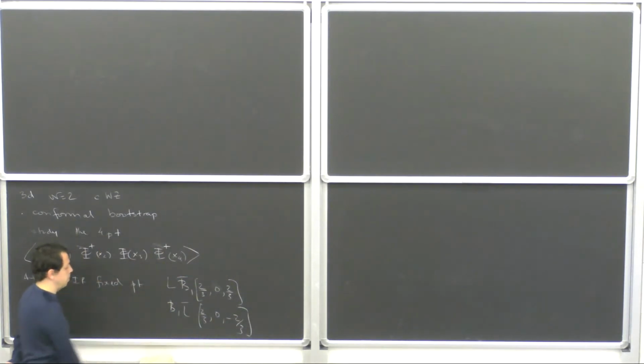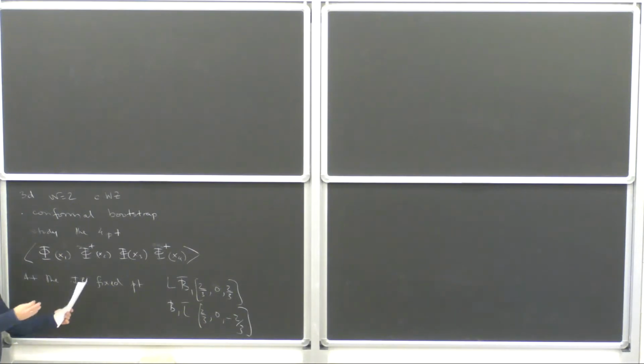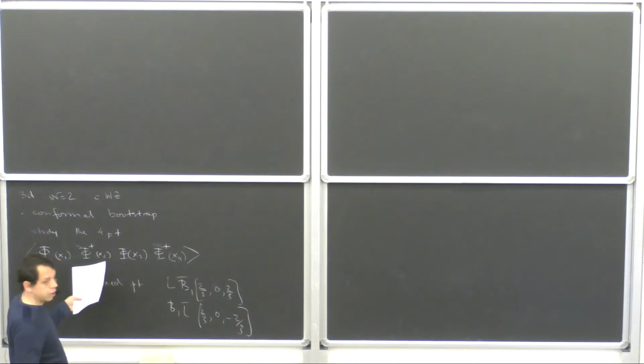And these multiplets contain a superconformal primary, which is a scalar, and then a fermionic descendant, and then another scalar. So actually, this is a system of multiple correlators. But the logic is exactly the same.